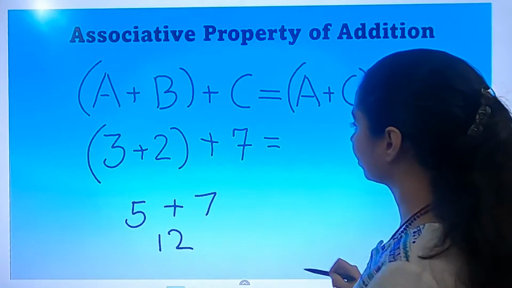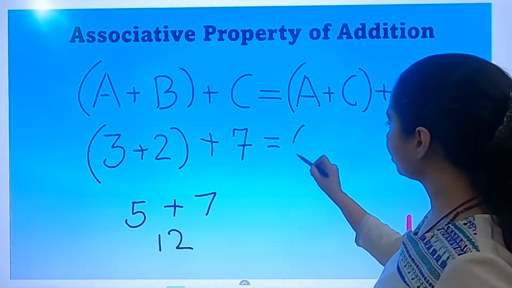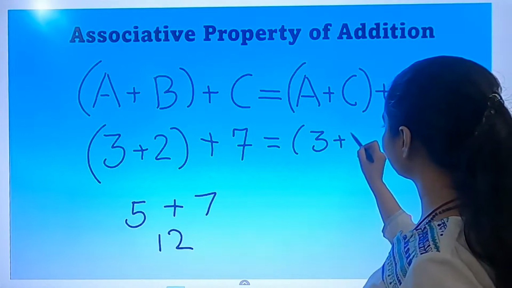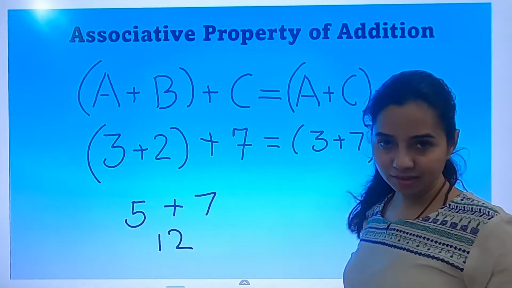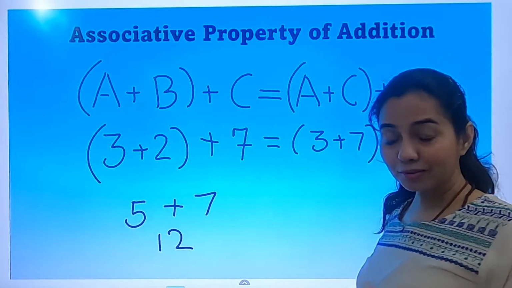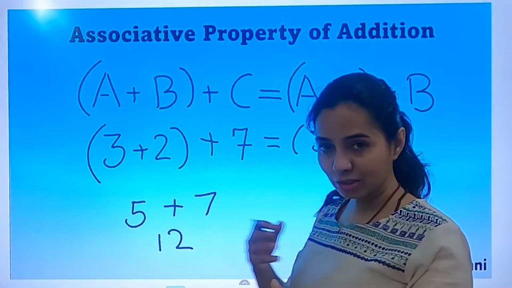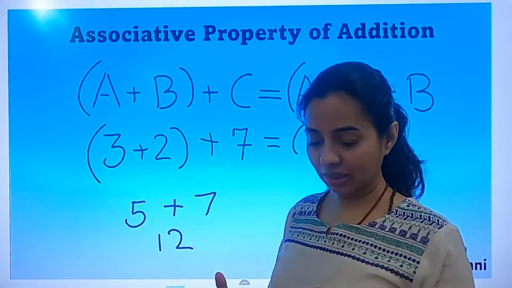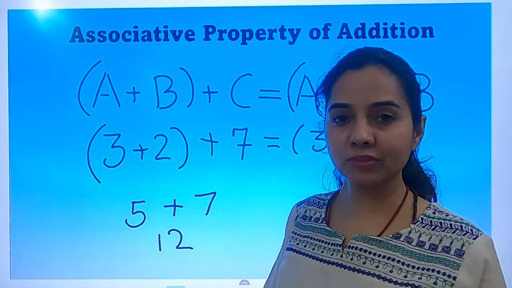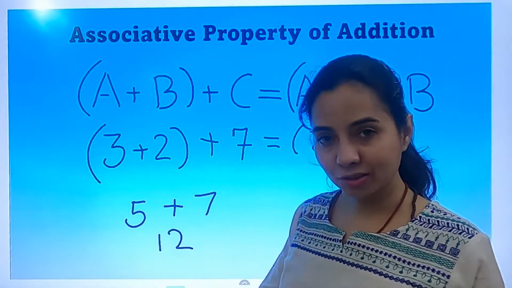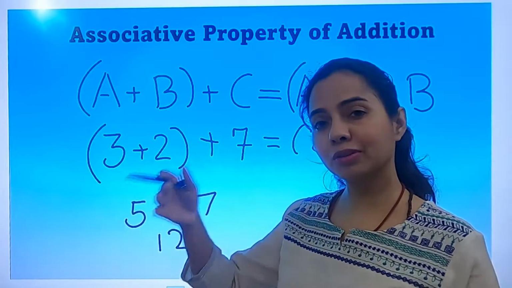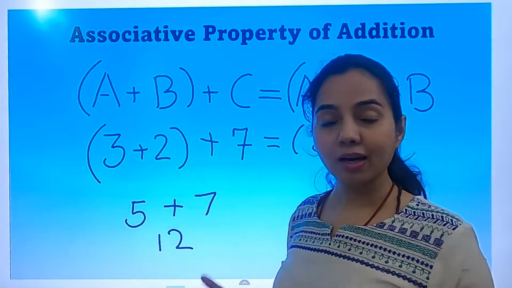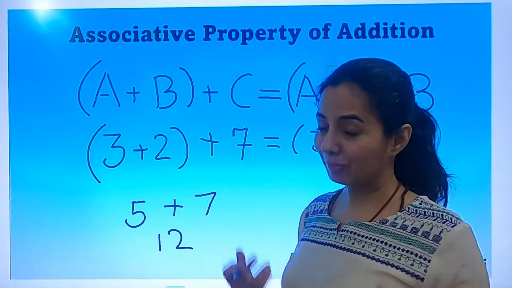Here if we do 3 plus 7 first, do you know 7 and 3 are friends? You know, friendly numbers? The numbers whose sum together is 10. 7 and 3, 9 and 1, 6 and 4, these are all friendly numbers. Try to remember those numbers.